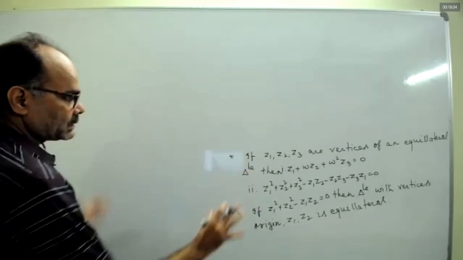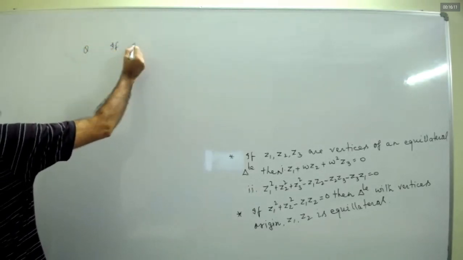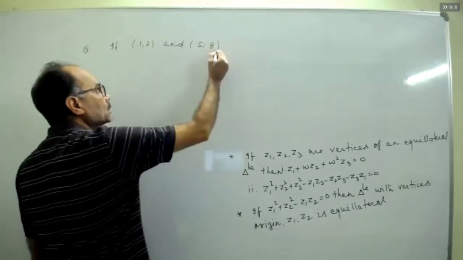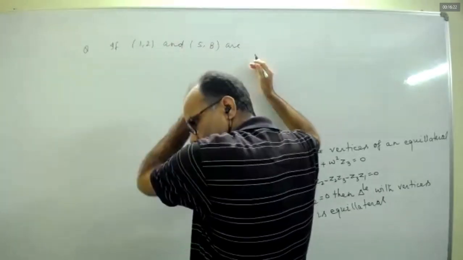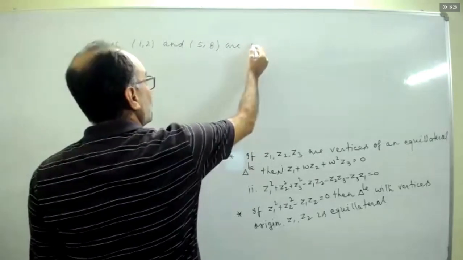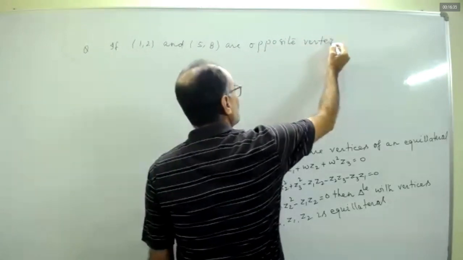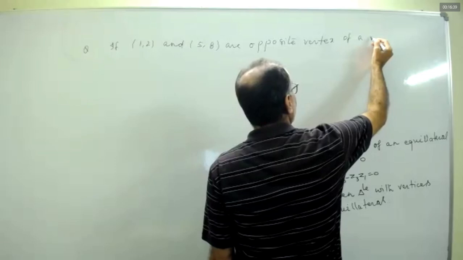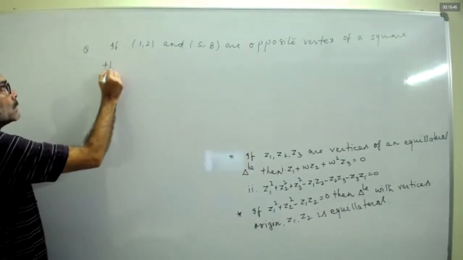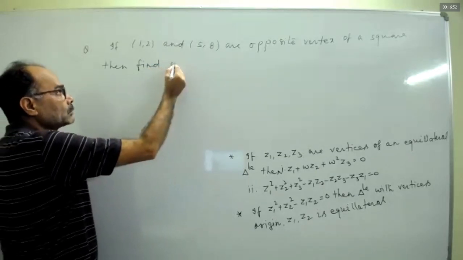Now, how can we apply complex numbers in coordinate geometry? Look at this. If (1, 2) and (5, 8) are opposite vertices of a square, then find the other two vertices.